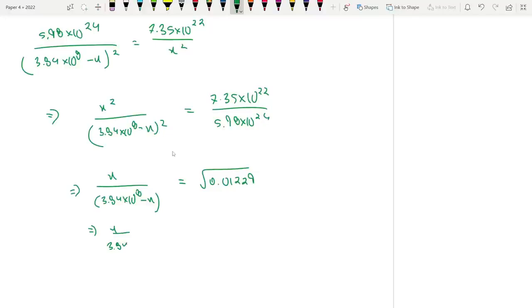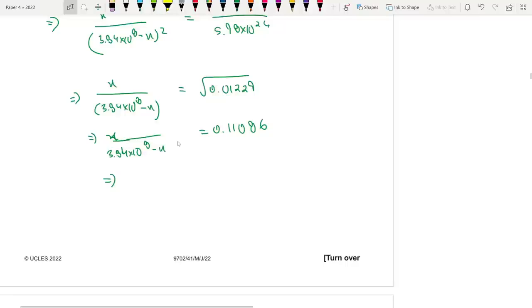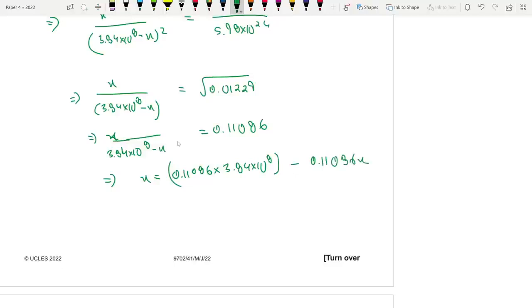So root of the answer is: x by (3.84 times 10 to the power 8 minus x) is equal to 0.11086. Okay, so x equals 0.11086 times 3.84 times 10 to the power 8 minus 0.11086x. So bring the x on one side: x plus 0.11086x equals 0.11086 times 3.84 times 10 to the power 8.